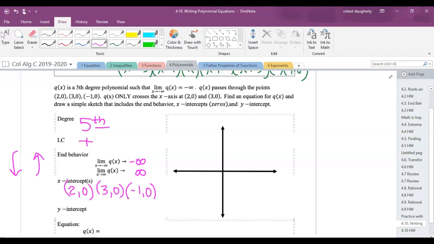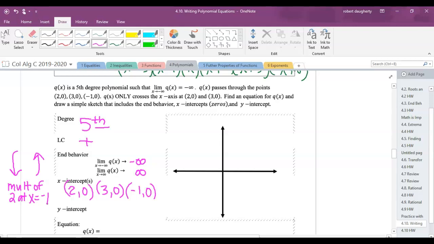That means there's a multiplicity of 2 at x equal negative 1. And wait, let's see. 2, 3, and negative 1. It only crosses at 2 and 3, but this is a 5th degree.